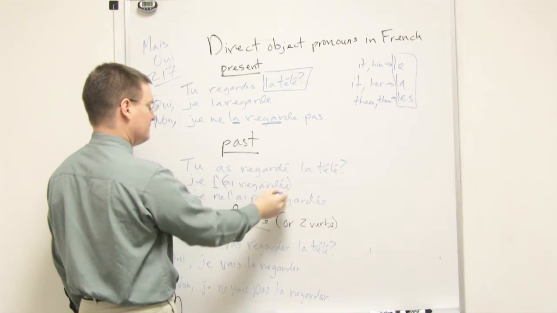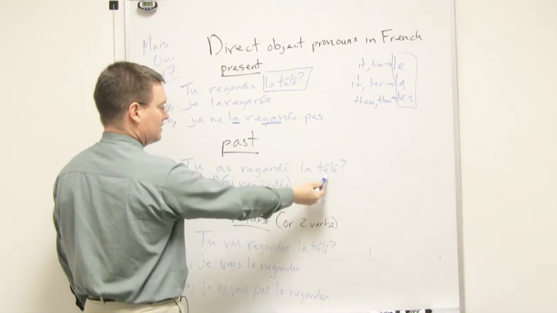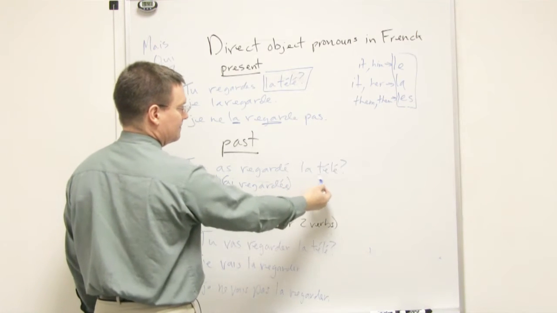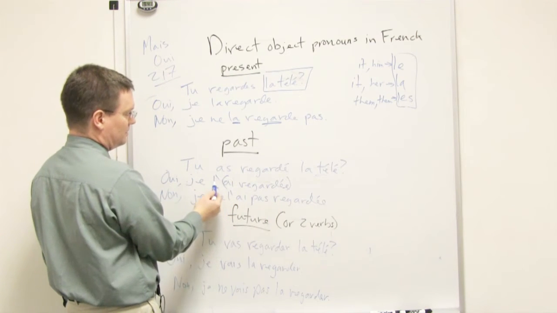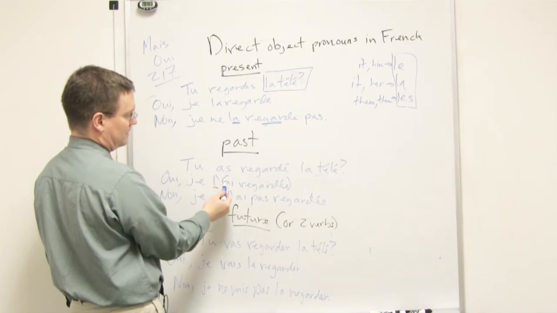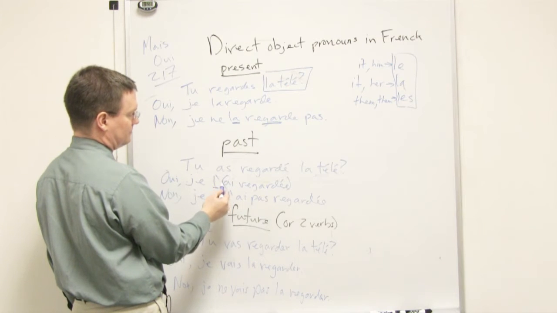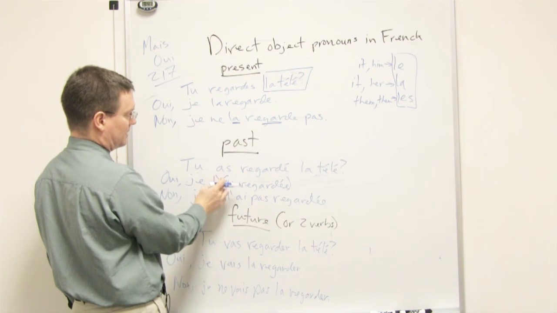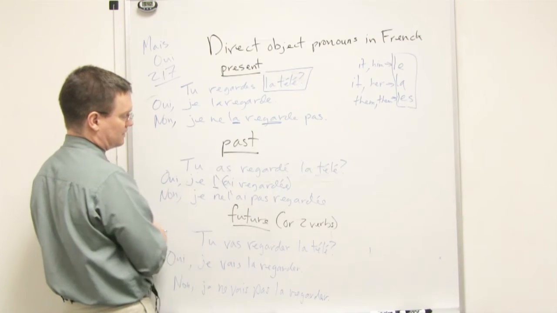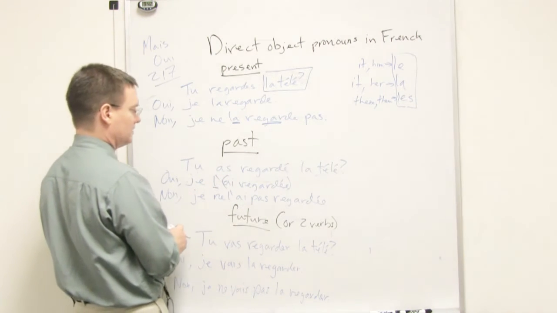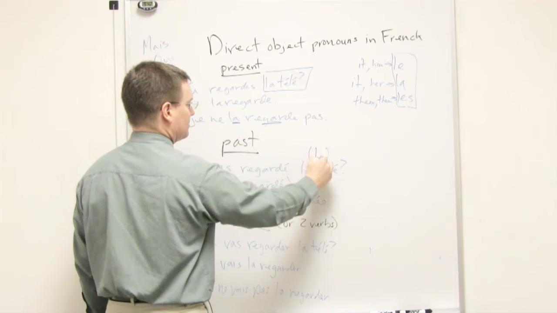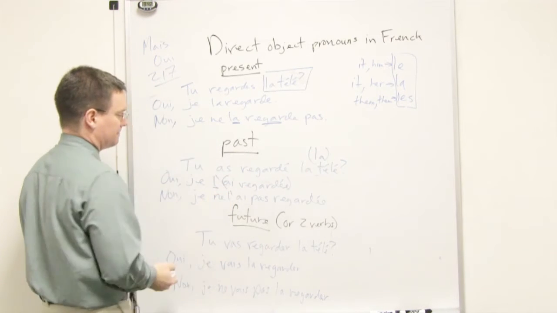Notice there's an apostrophe because there are two vowels here. So this really is la, but we're cutting off the a because there are two vowels. It still is la.